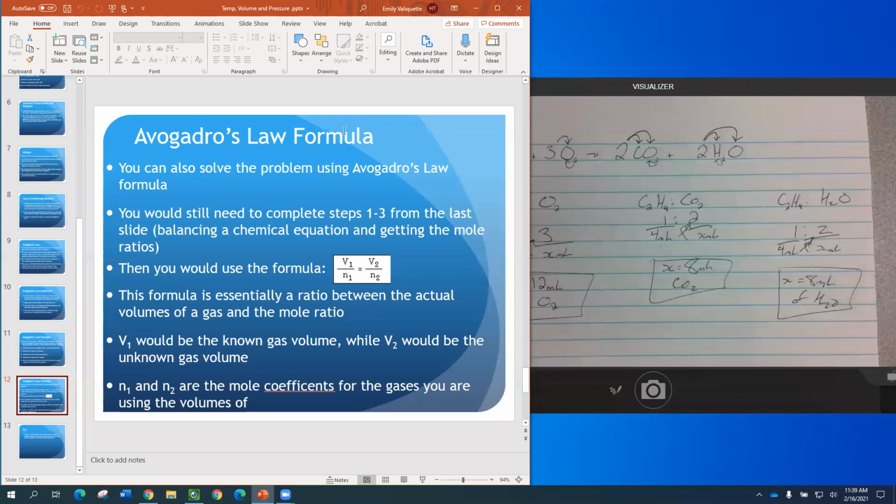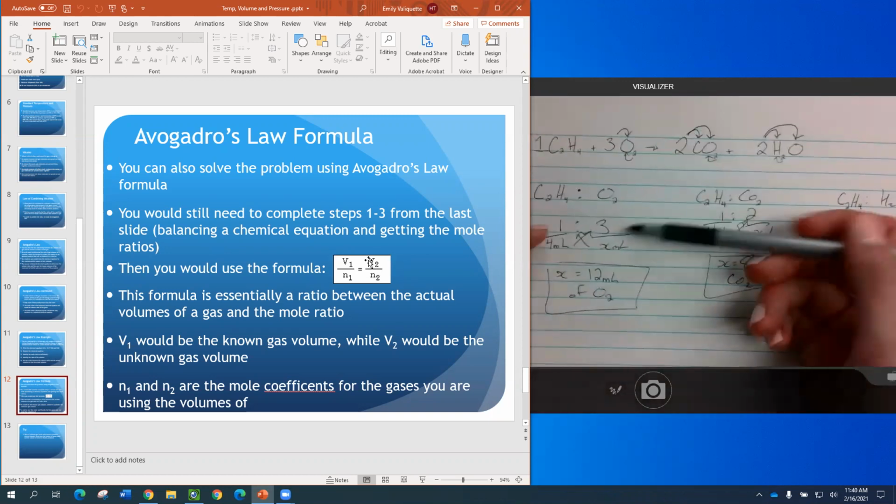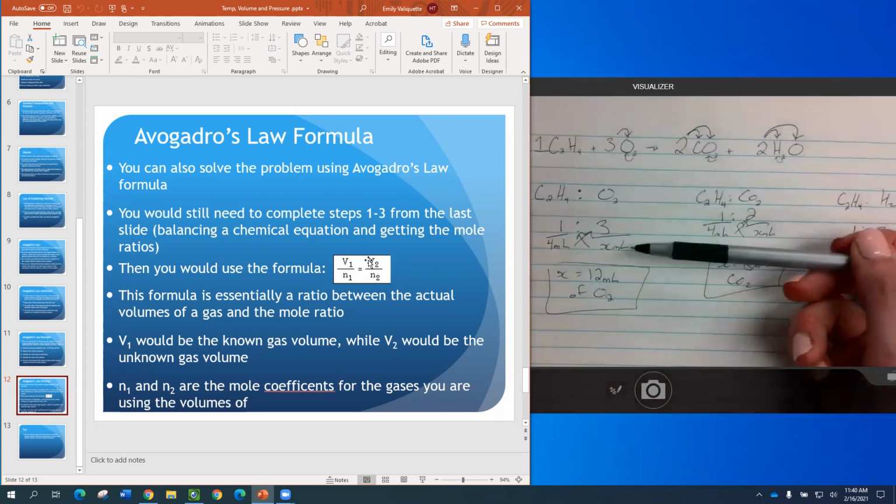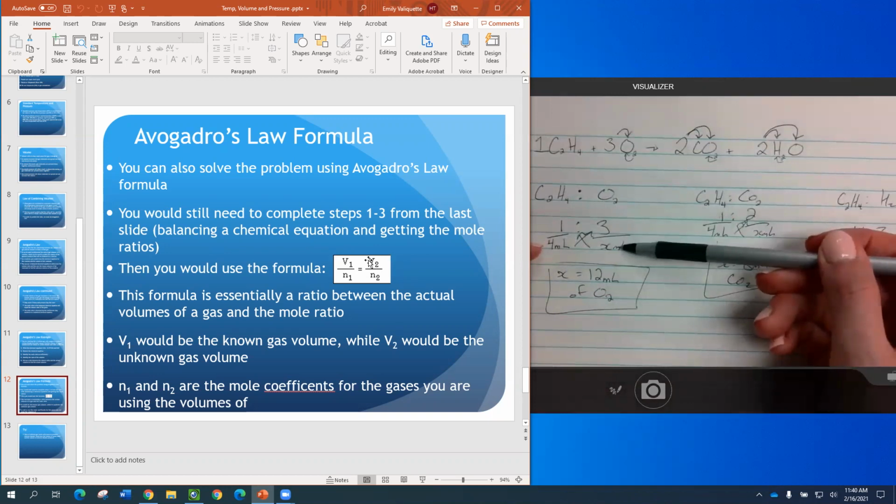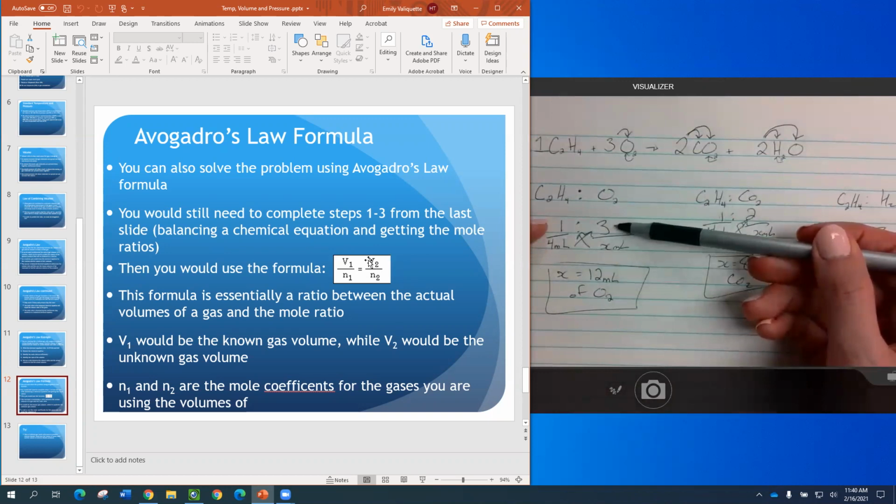Avogadro's law is really just a formula that summarizes that process. So you would do all the same thing, but this is just the formula that represents the cross multiplying and dividing that we're doing, where we have the volumes that we were given and the volumes that we were finding, as well as our mole ratio.